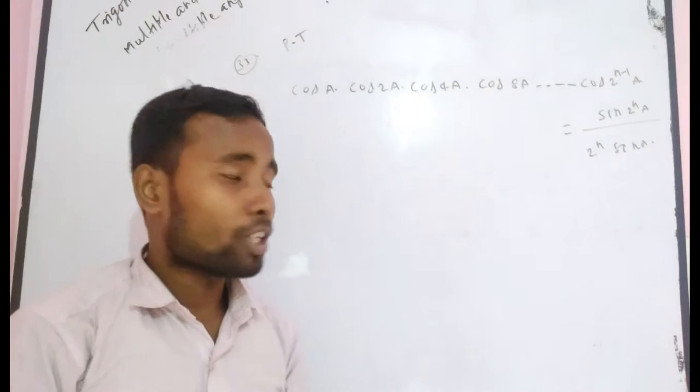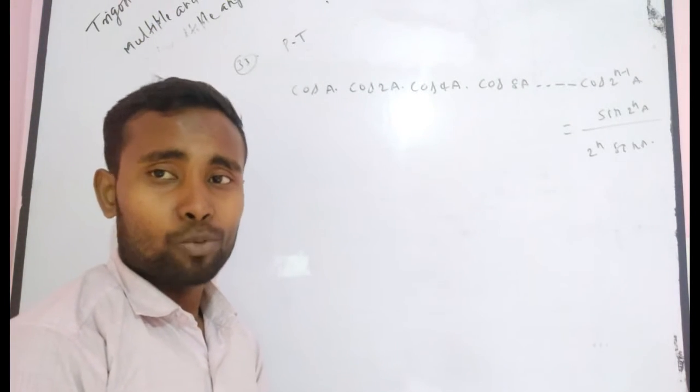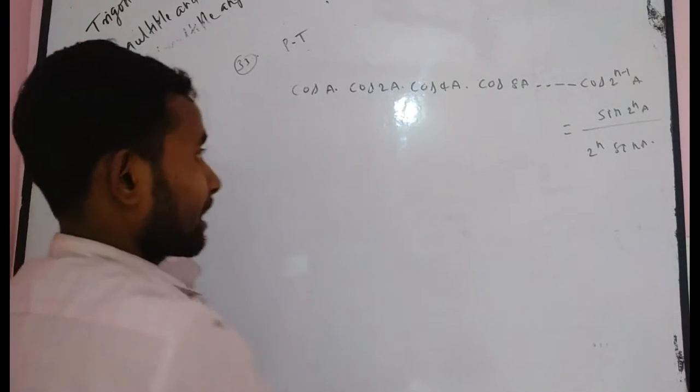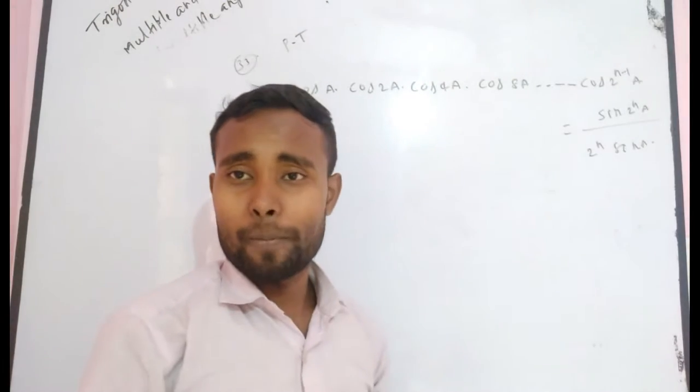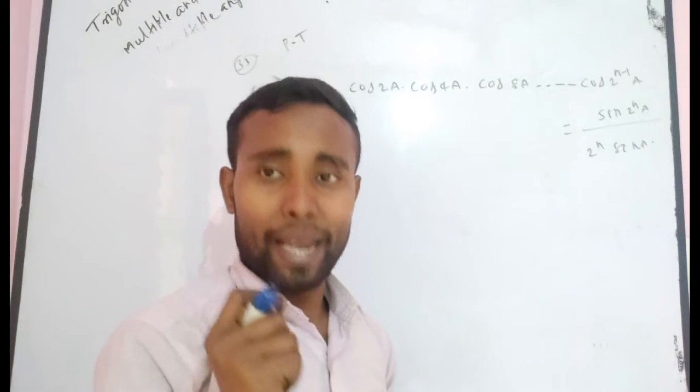Now I want to tell you how you can solve this problem. There are 2 procedures by which you can solve it. First will be by mathematical induction, and the second will be by your hypothetical concept, that means your intuitive idea.